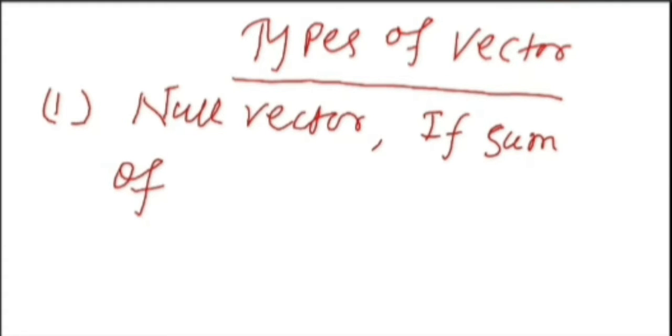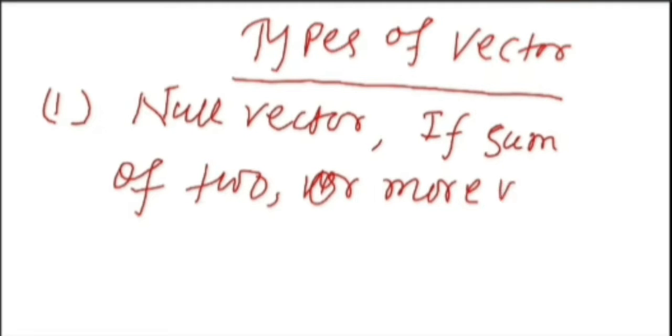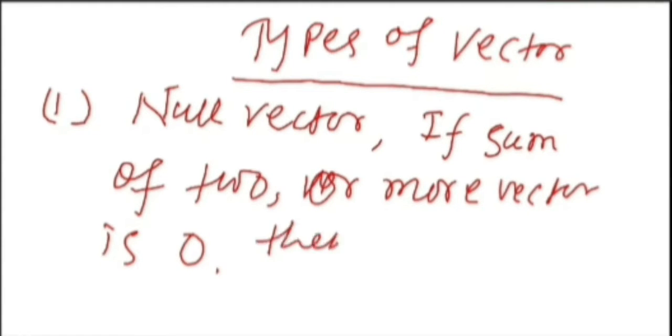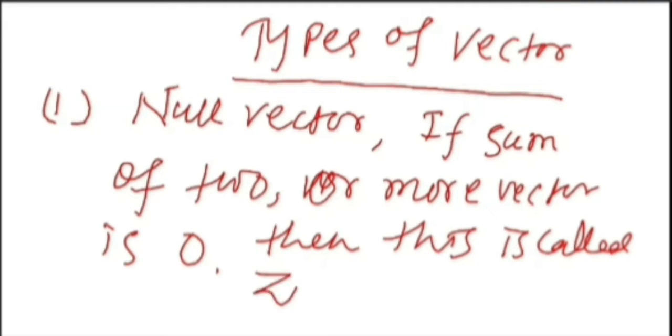That will be called a null vector. There is no specific direction for a null vector, that means the direction of a null vector is not defined. It has arbitrary direction. So if the sum of two or more vectors is 0, then this is called a zero vector or null vector.